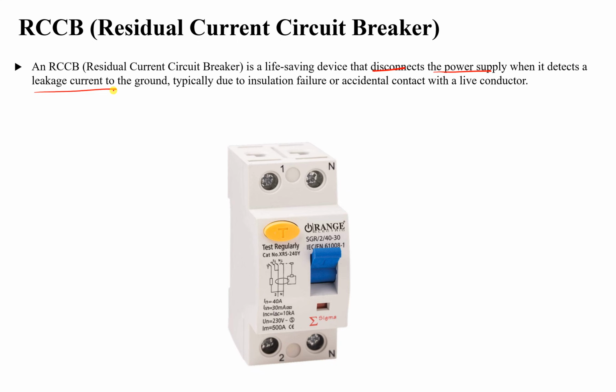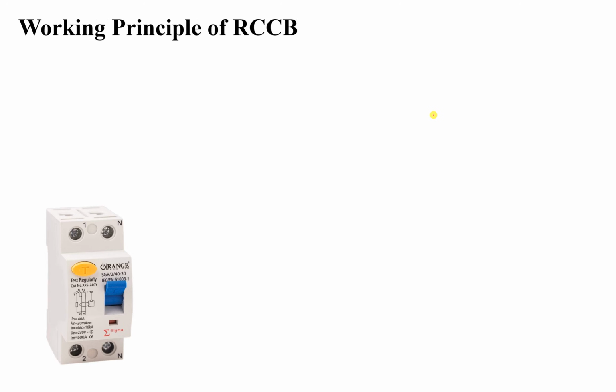So if there is a leakage current due to insulation failure or accidental contact with a live conductor or whatever, we use RCCBs to detect this problem and then disconnect our supply in order to protect human beings. So it plays a vital role in preventing electric shocks and reducing fire risks caused by earth faults. So let's see how a single phase RCCB works.